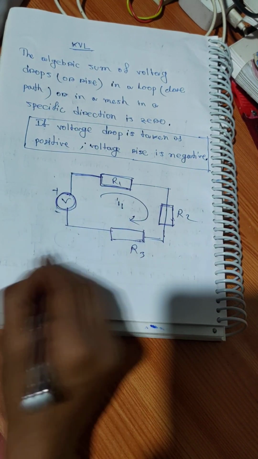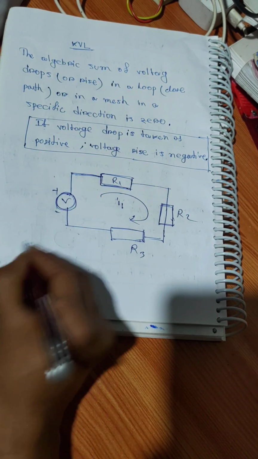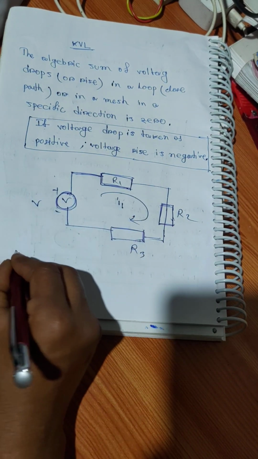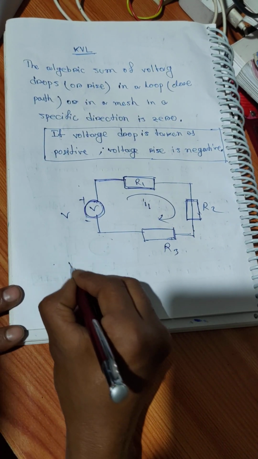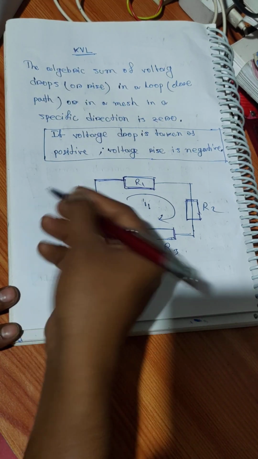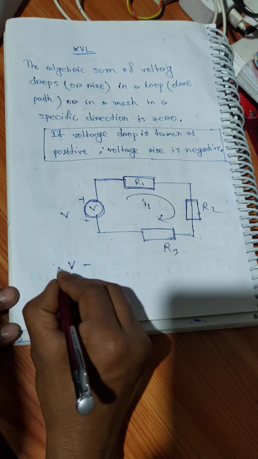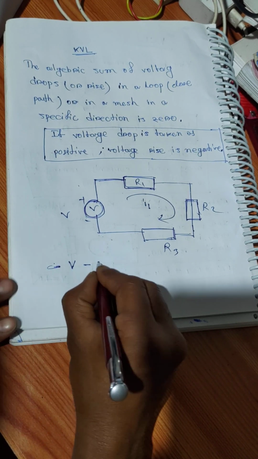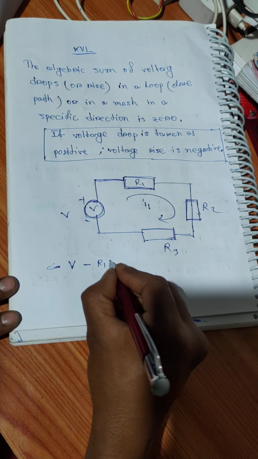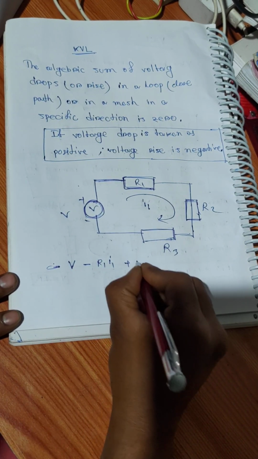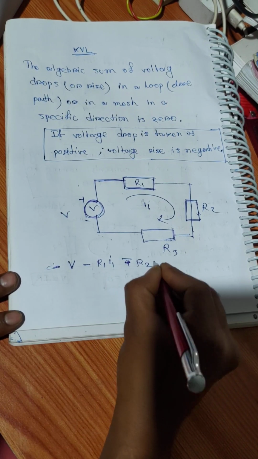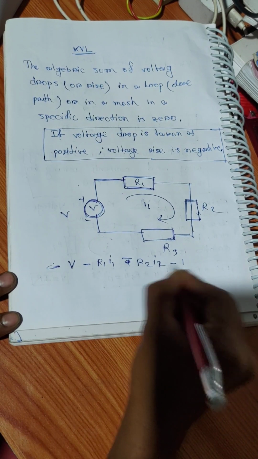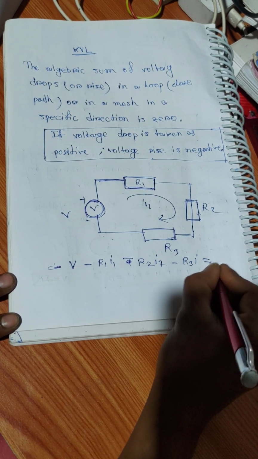Suppose this voltage is V. If V is positive, then negative we have to write, R1 I1 minus R2 I1 minus R3 I1 is equal to 0.